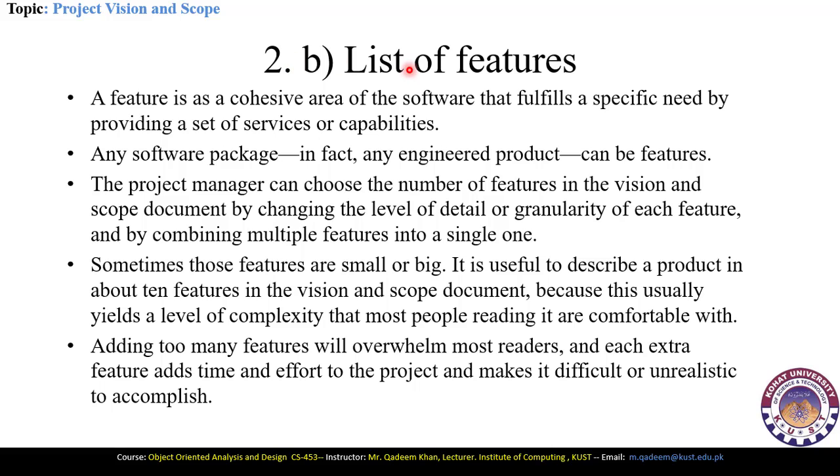The next important step is the list of features. In the list of features, we define a complete list of the different features which will be used as the functionalities of the project. So here we provide a list of cohesive areas of the software, which is in fact defined by the needs of the project, or the needs of the services or capabilities that are to be provided to the end users.